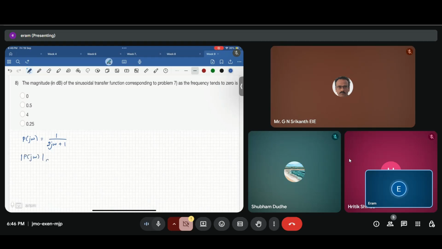So P of j omega in dB is nothing but 20 log 1 minus 20 log under root of 1 plus 2 omega square.